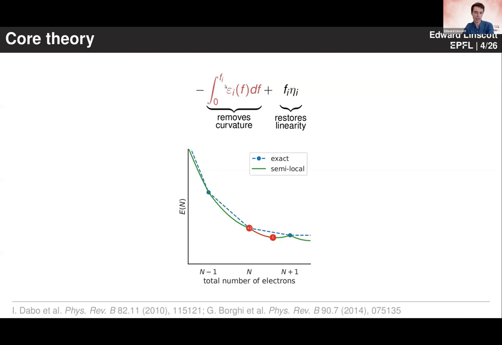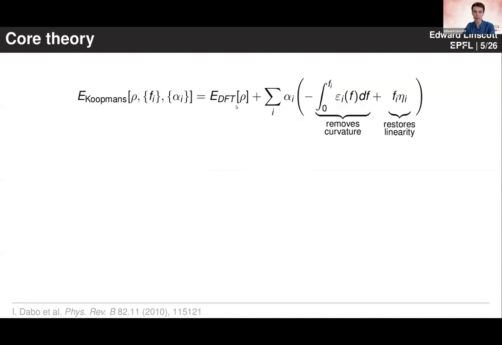And then in place of this term, because we've removed this energy, we add some term that's explicitly linear in the orbital occupancy. So f_i is the orbital occupancy and eta_i is the slope of this term. It's some constant that I'll talk about later, how we worked out what that constant is. So this is the general form of the correction that we want to apply to orbital i.